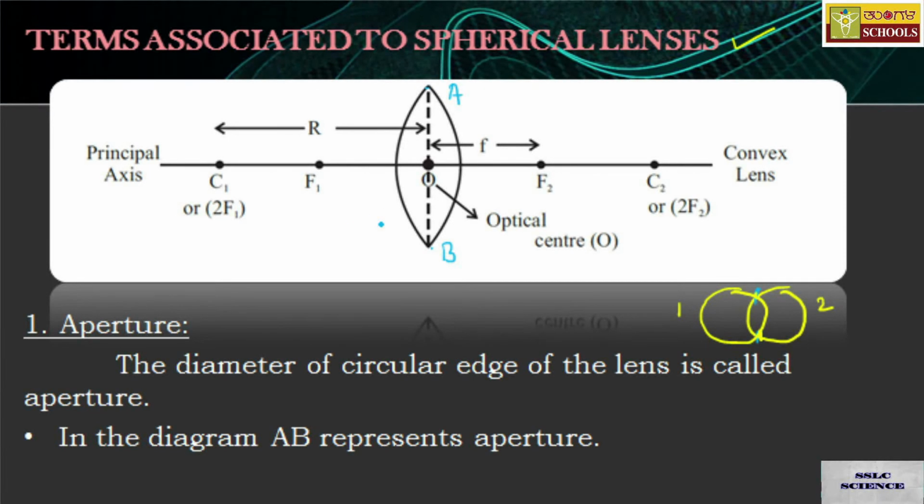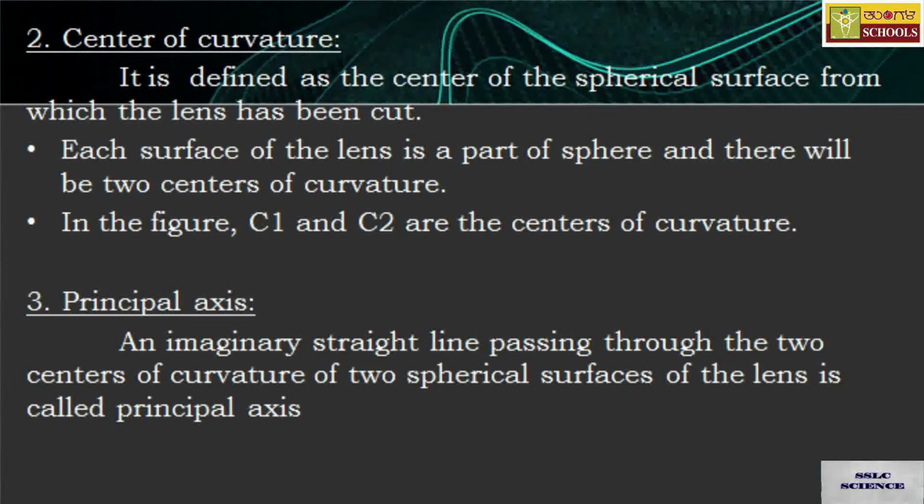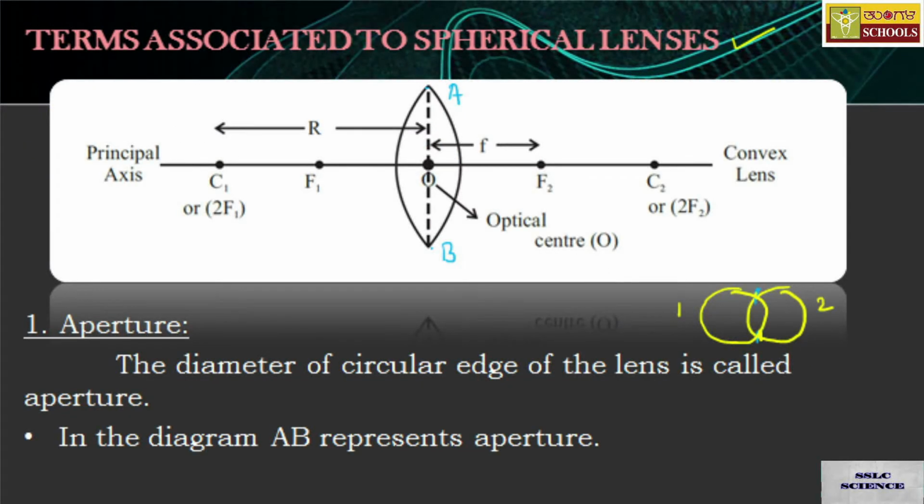Okay. So second term, that is center of curvature. It is defined as the center of the spherical surface from which the lens has been cut out. As I said, these are the points.